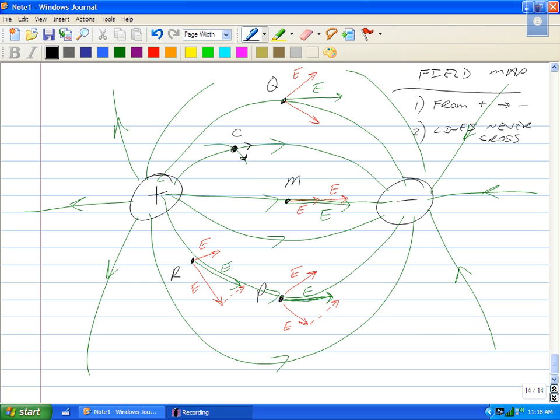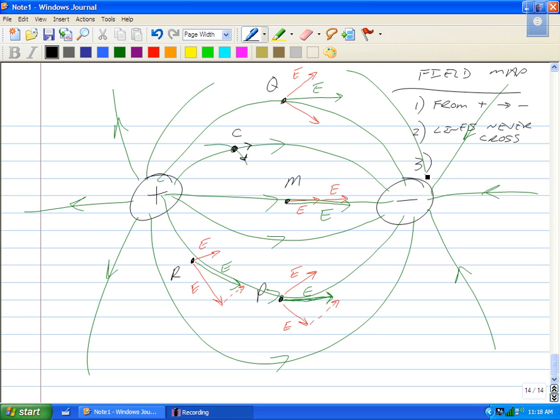Two. Can there be 2 different directions for the net force on a positive charge at that point? No. Since there can never be 2 possible net forces on the same object at the same point, the lines of an electric field never cross.